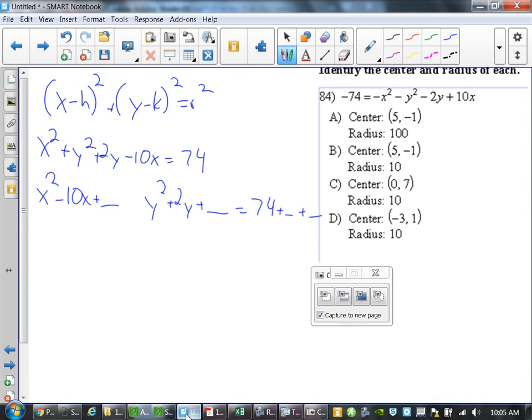So far, so good? What's half of -10? And then -5 squared is? So I have x minus 5 quantity squared plus y plus 1 quantity squared equals 100.